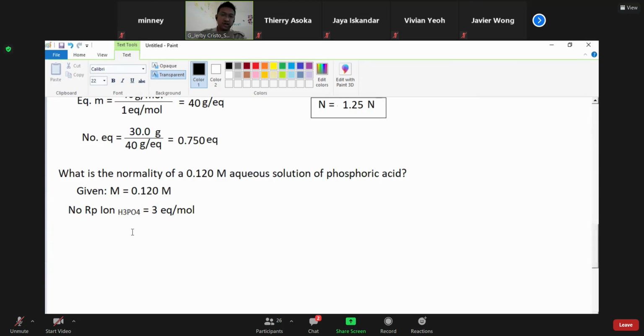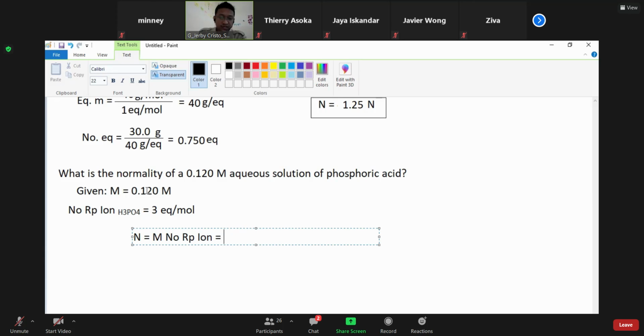Okay, so to calculate the normality, what do we do? We simply multiply molarity, the concentration, by the number of replaceable ions.